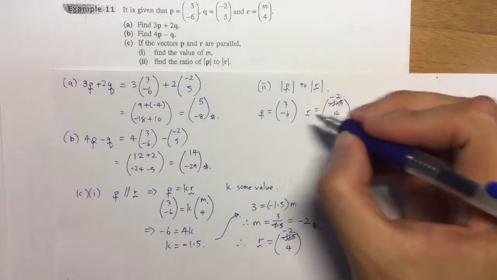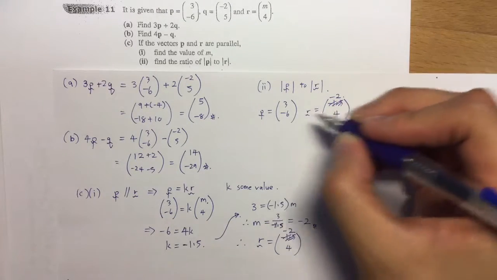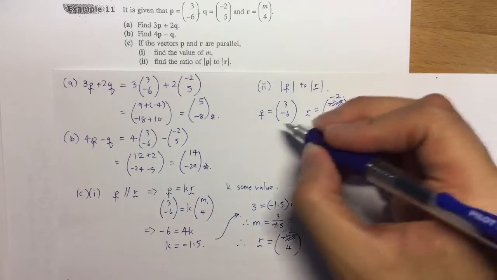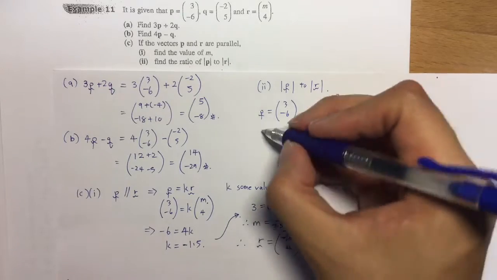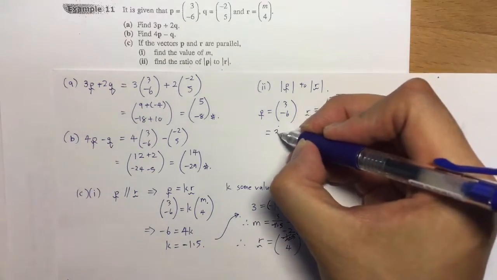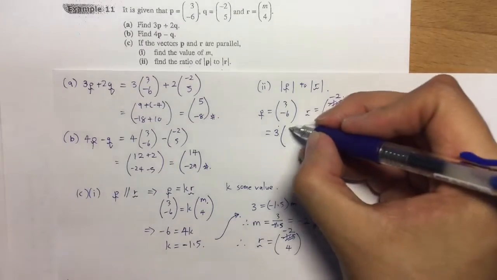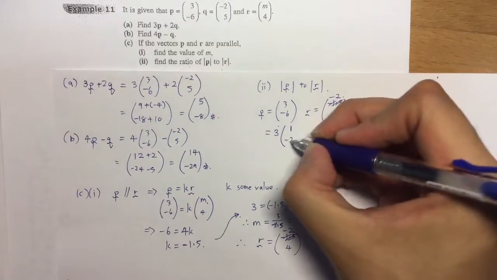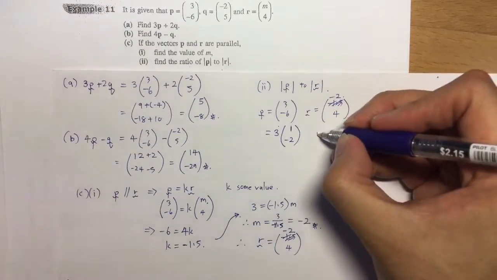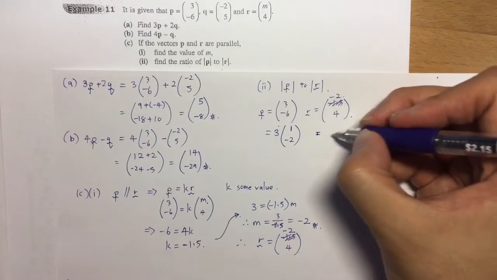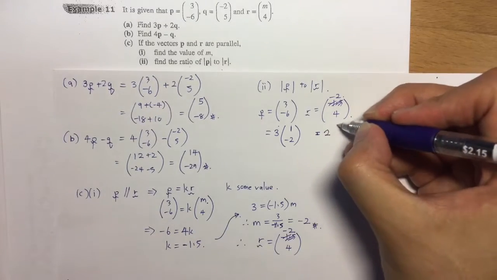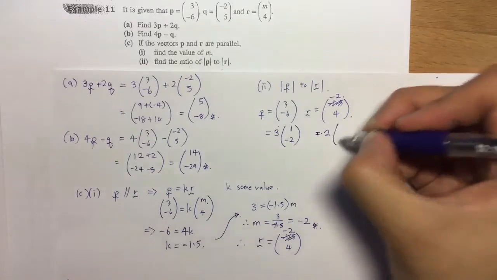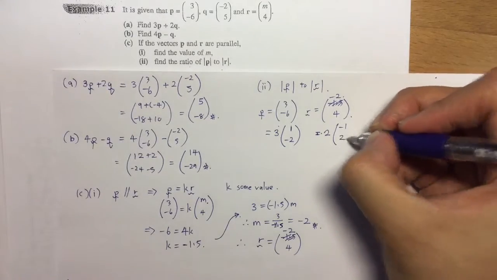Alright. Notice that when I compare the two, they seem to be multiples of each other. Or rather, they share some common numbers between them. For example, if I take out the scalar of 3, or factor of 3, I'll have 1, negative 2 left behind. And for r, if I take out the scalar value of 2, I'll get negative 1, 2.